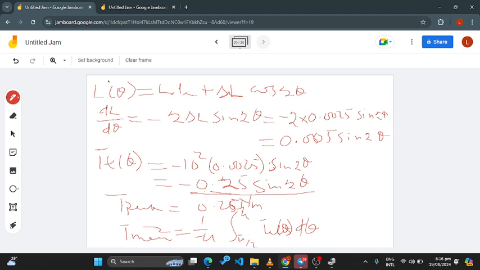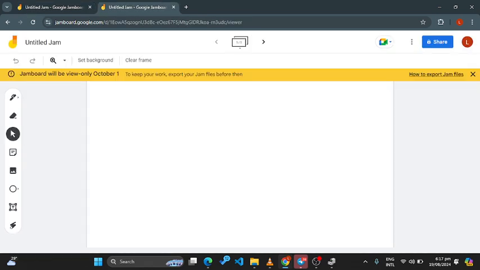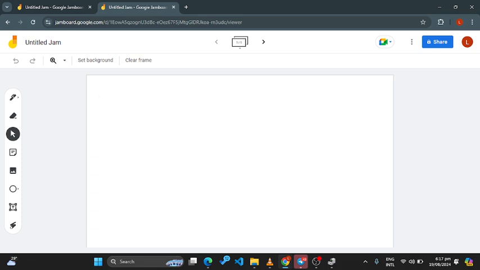Okay, sure. We move. Okay, so now let's find T mean. Now which color should I use? White. Okay, I'm going to use white. If you can't see, it's because I'm using white. So I'm actually writing.